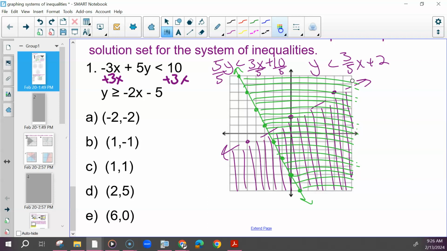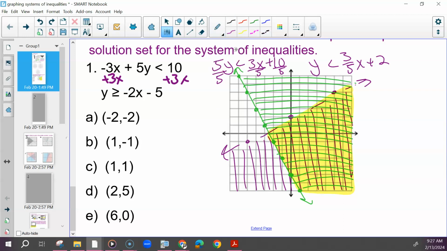So then you have a couple different options. You can use 2 different colors to show where they overlap. You can use maybe the same writing utensil but different line directions. You can highlight over the overlapping area. Something that shows this is the overlapping.